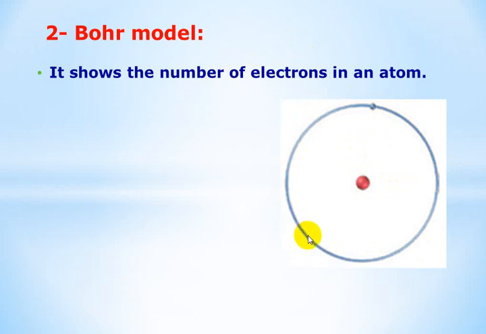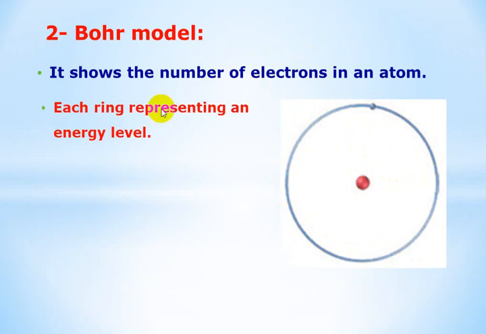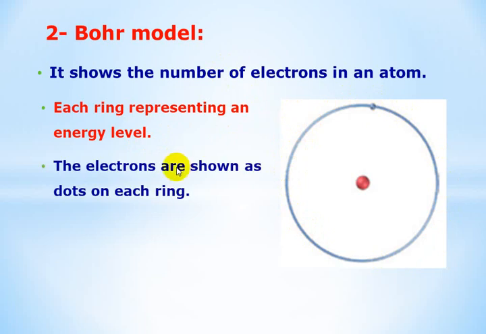This ring represents the energy level in which the electron can exist. So each ring represents an energy level. The hydrogen atom has only one energy level and only 1 electron, which is shown as a dot on the ring. Here, this is an electron.